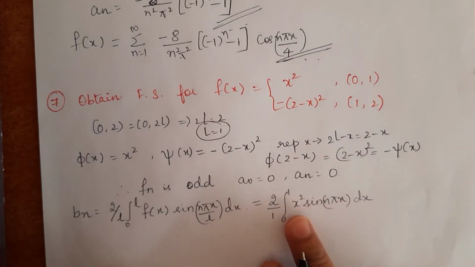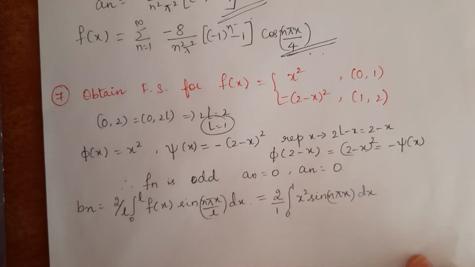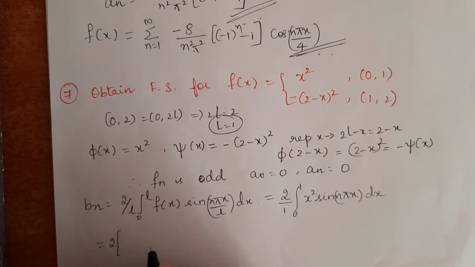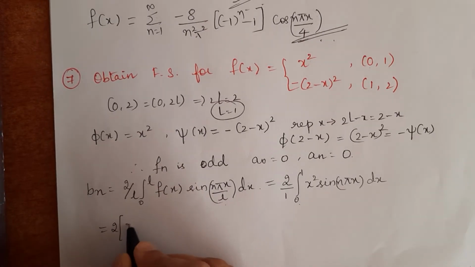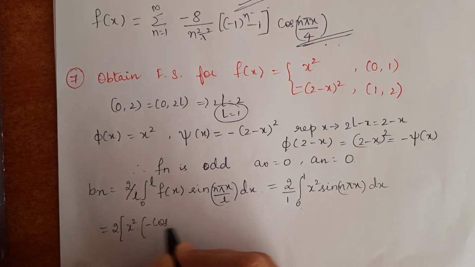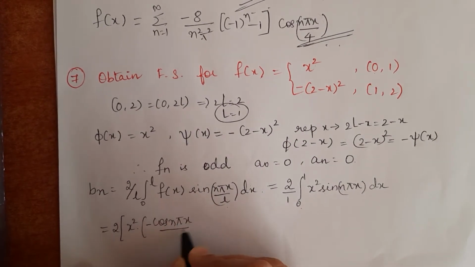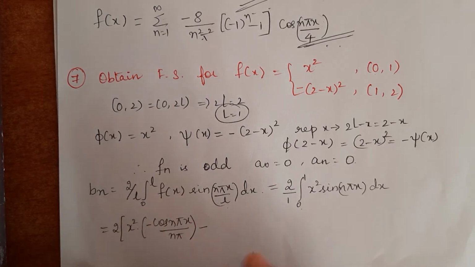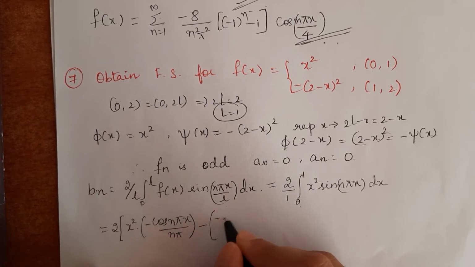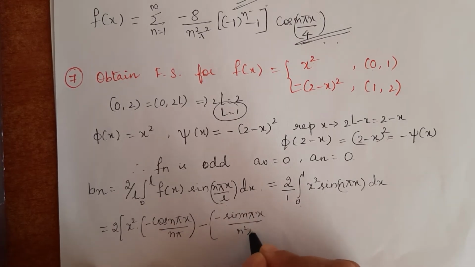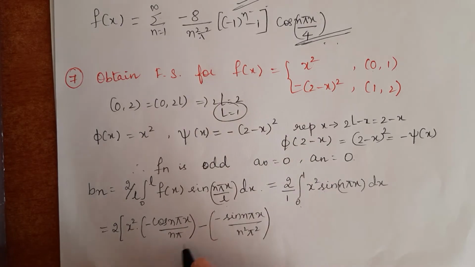Again I have product of two terms. Let me apply Bernoulli's rule of integration. So 2 into first function should be retained as it is, x square into integration of sin is minus cos n pi x divided by n pi, minus integration of this integrated function is minus sin n pi x divided by n square pi square into differentiation of x square is 2x.